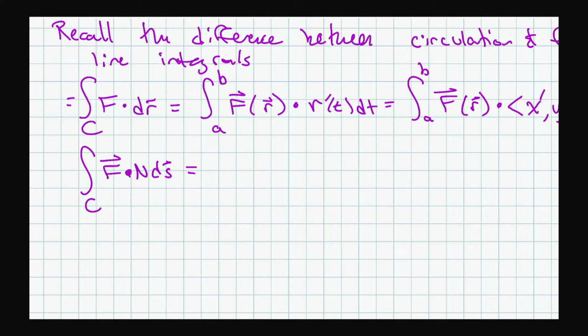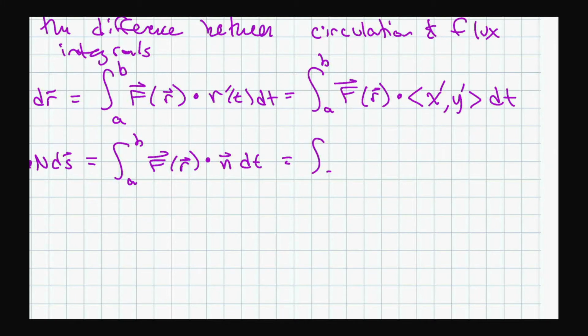And that one, when you actually get around to doing it, was the integral from a to b of F of r, and it wasn't dot r prime this time. It was dot with a normal vector dt. I believe if you check the notes, I gave you two formulas because I said the negative could be on either one depending on what you want to do.